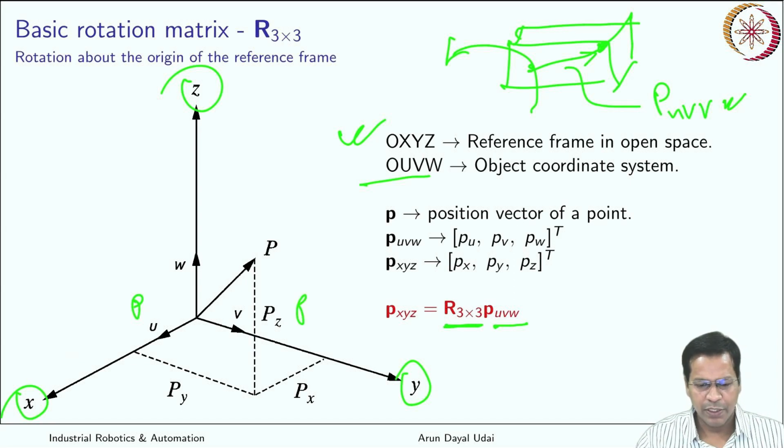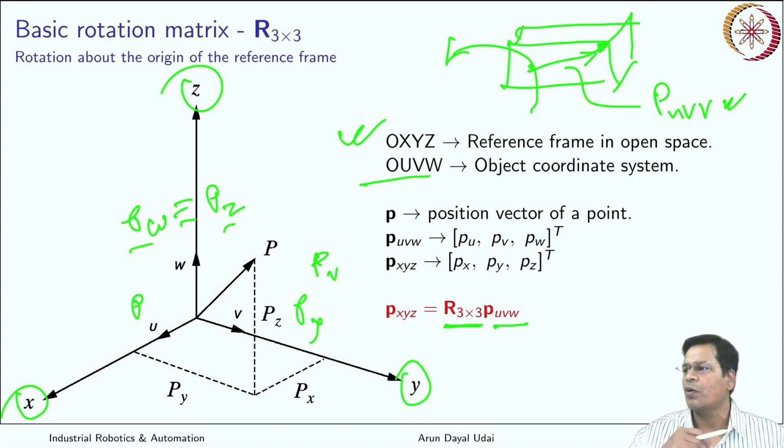Similarly, Py was the projection of P along the y-axis, which was equal to Pv. They are equivalent initially, and similarly Pw was equivalent to Pz initially, without rotation.